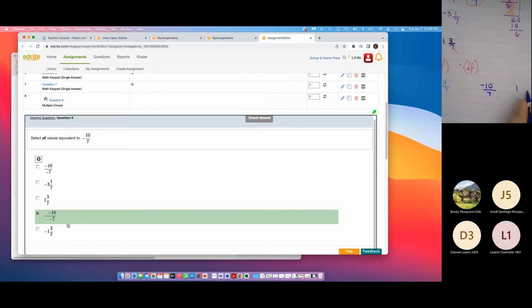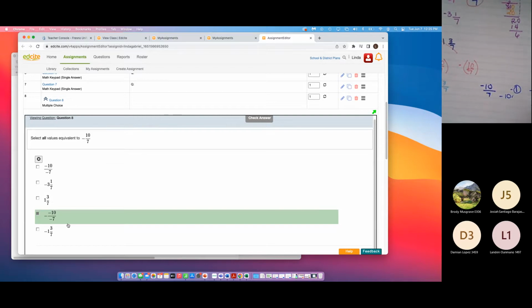I have -10, and then I'm going to take away what I have of my 7, right? Because I have this whole number value here. So if I have my -1 over here, if I take 7 away from 10, that means my remainder will be 3 over 7.